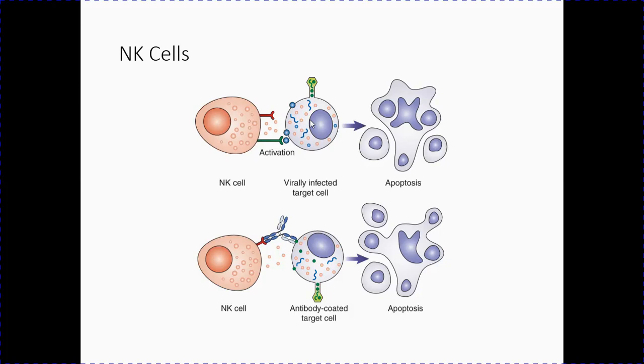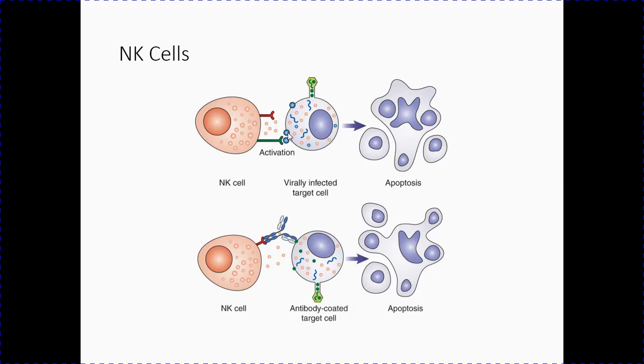So if the natural killer cell encounters an infected cell, and the antigenic markers get expressed on the cell surface of the APC, which we see here, these are antigens on the surface of the APC. The natural killer cell can actually bind to it. It has a receptor to bind to those antigenic markers on the cell surface.